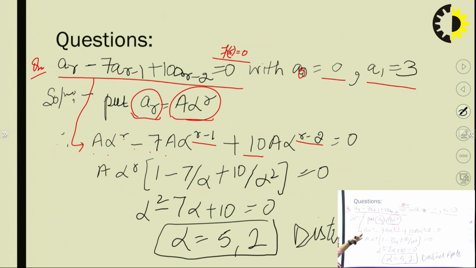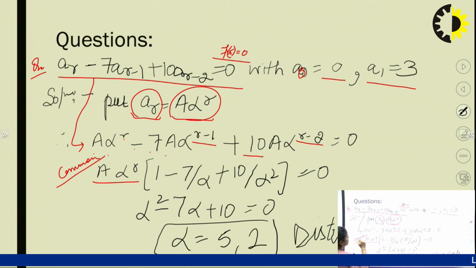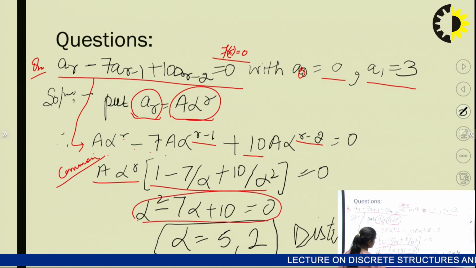By taking A alpha^r common, we get 1 minus 7 by alpha plus 10 by alpha squared equal to 0. This is a quadratic equation, which can be solved to find the roots of the given recurrence relation.